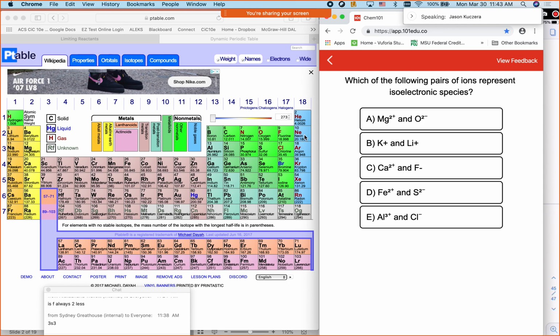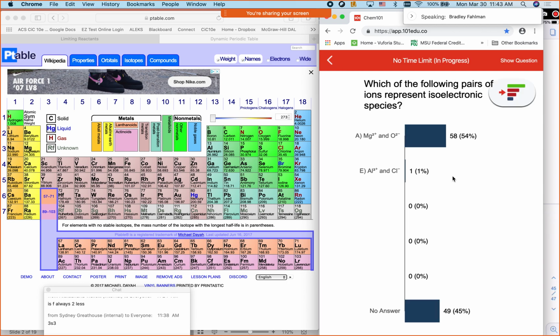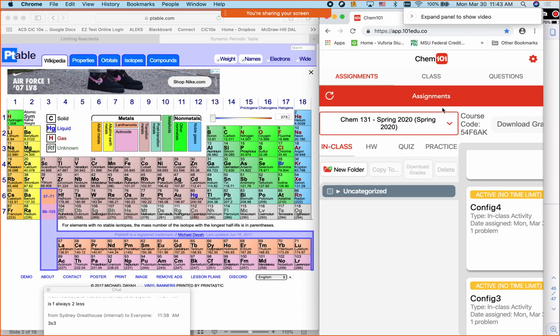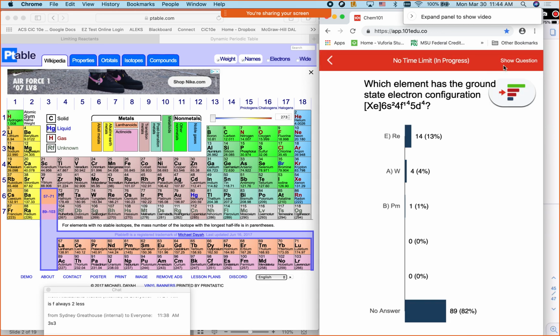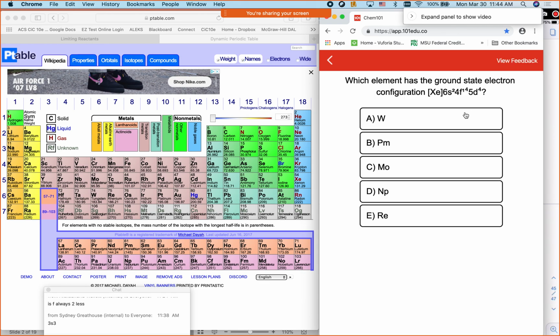Yeah, good. But Cl minus is argon. So again, they're different, so they're not isoelectronic. And then the last one here, configuration 5. Which element has the ground state configuration of that?